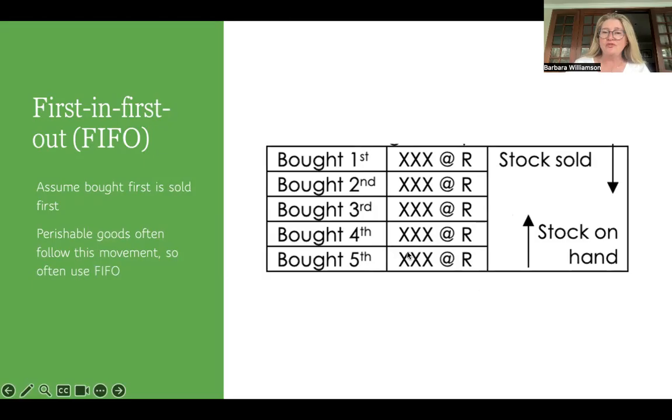So all of the last ones up until the amount that is closing stock can be valued at the last price. If the closing stock is more than the quantity bought last, you would use all of that, but then you would also go up to what was bought before and take the remaining products that need to be valued from that set.